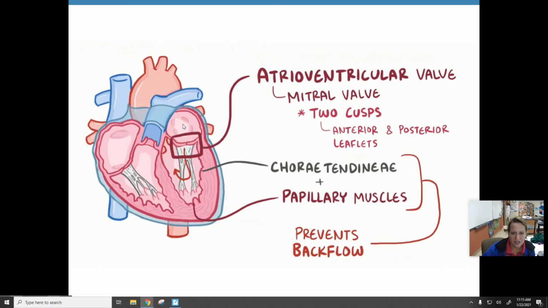The left atria is separated from the left ventricle by the atrioventricular valve called the mitral valve or bicuspid. When that valve opens, we are going to get blood flowing into our left ventricle. And the same process, the chordae tendineae and the papillary muscles prevent that valve from going backwards and allowing blood to flow back into the atria.